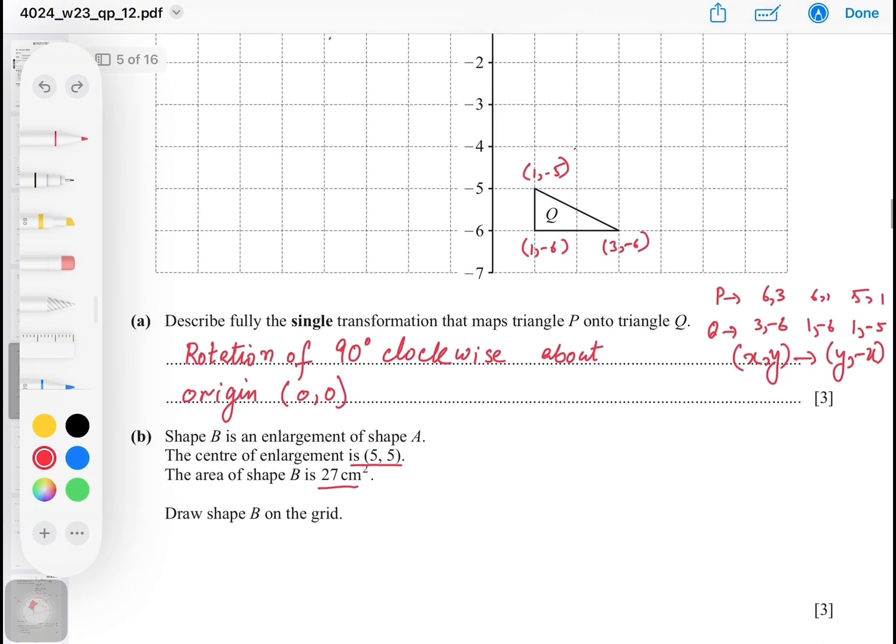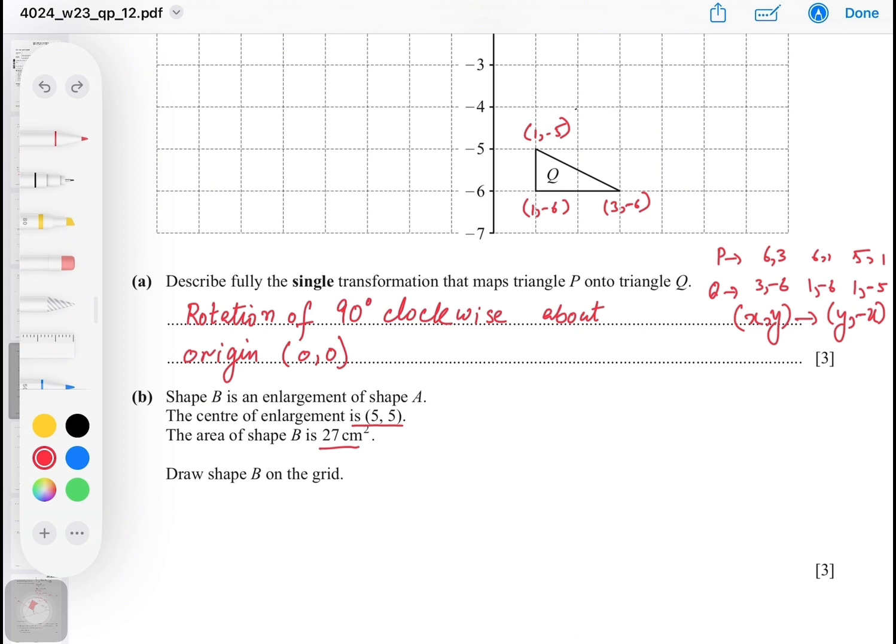So we will find out the scale factor. K square is equal to area of shape B, that is 27, and area of shape A, that is 3. So this is equal to 9 and K is equal to 3. So scale factor is 3 and shape B is 3 times larger than shape A.